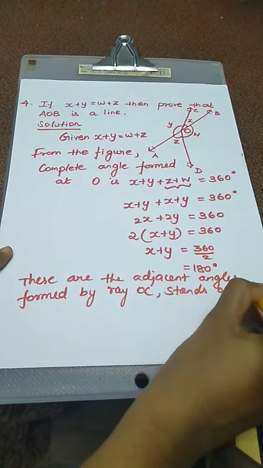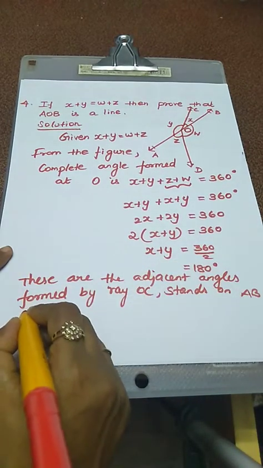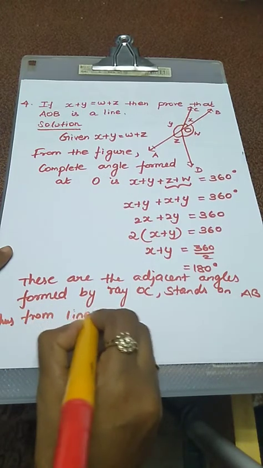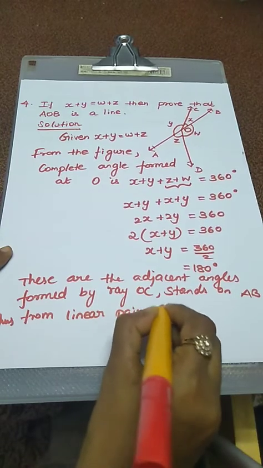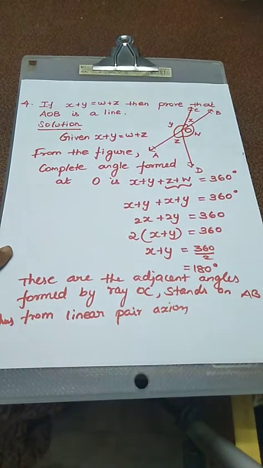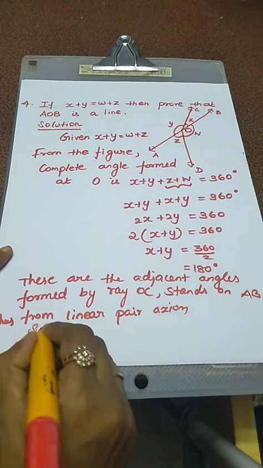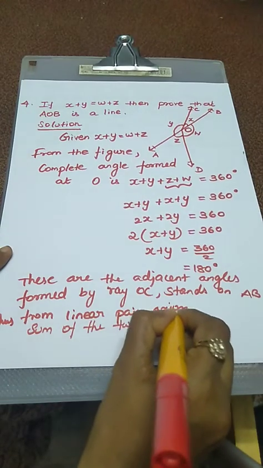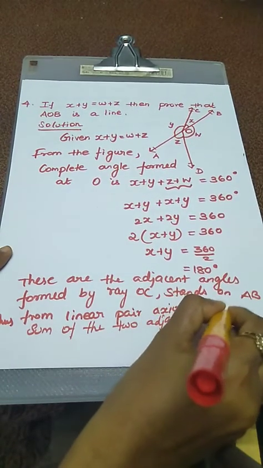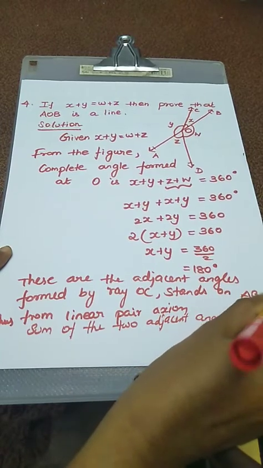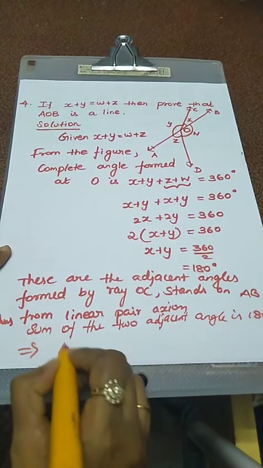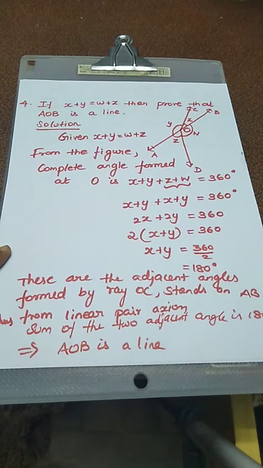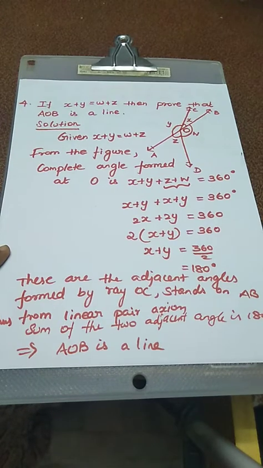This is from the linear pair axiom. The sum of the two adjacent angles is 180 degrees. So AOB is a line. Try to understand: then the non-common arms of the angle form a line.